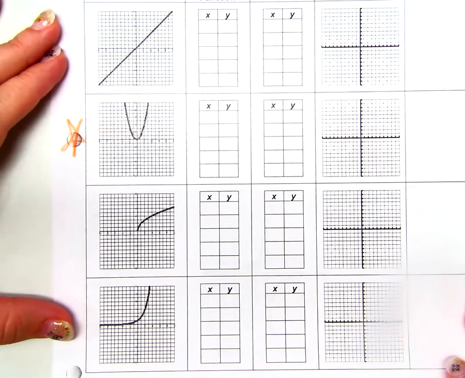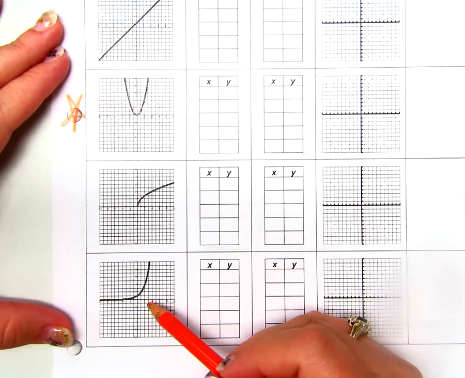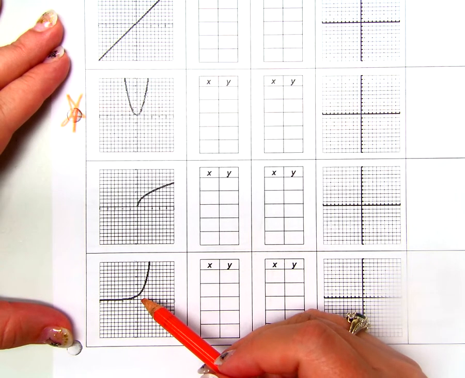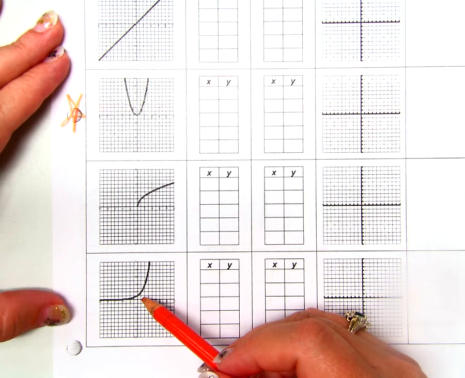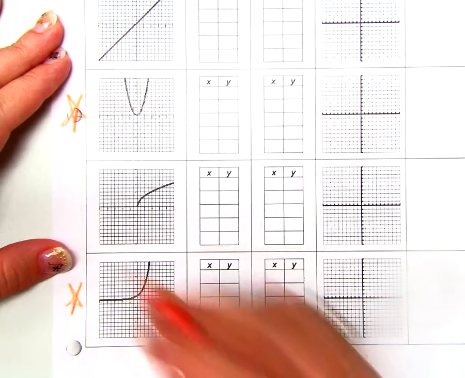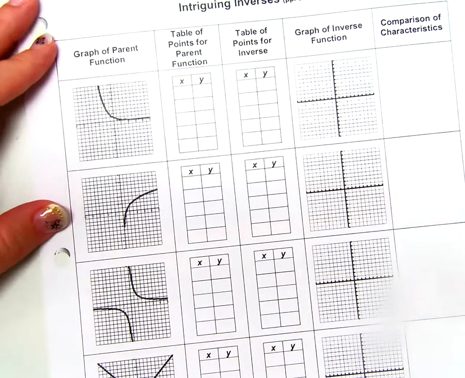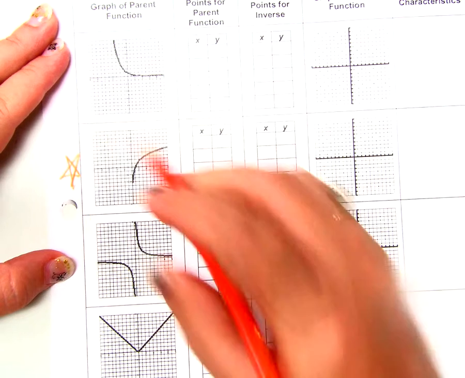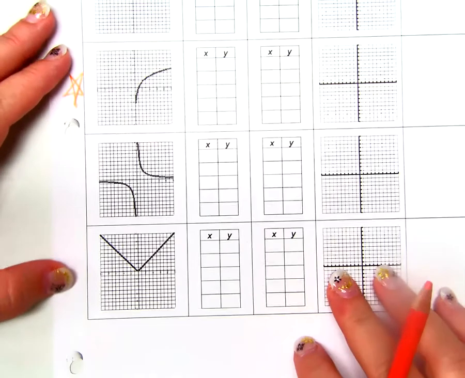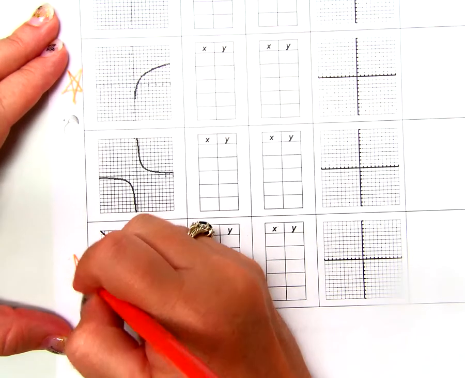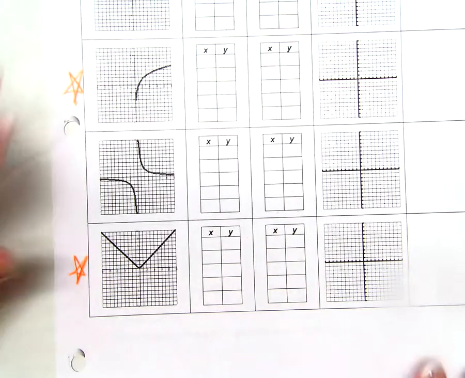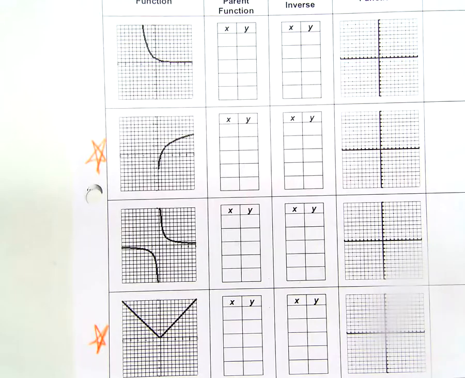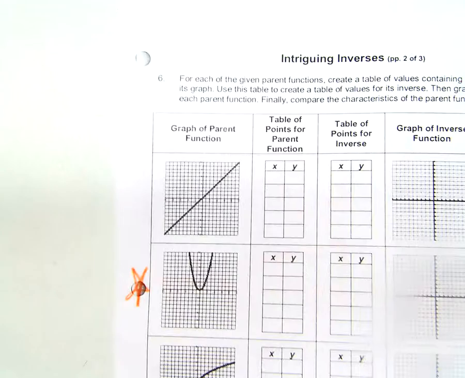I want you to put a star beside this one, which is called exponential. I want you to turn the paper over, and I want you to put a star by this one, which is called logarithmic. And I want you to put a star beside this one, which is called absolute value. Those are the 4 I want you to do on this page.